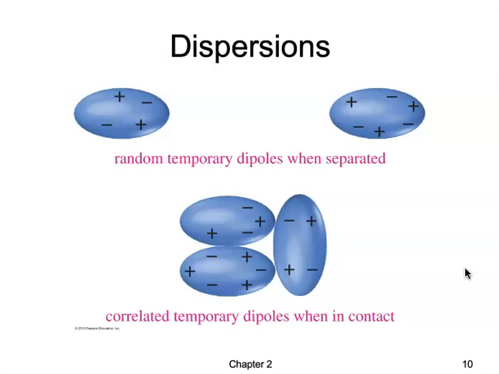Relative to diesel, which also only has London dispersion forces, the diesel burns much worse because there's so much less vapor there, because the diesel's molecules are held together by these fairly strong London dispersion forces. Diesel is a huge molecule relative to gasoline. And so even though I'm talking about dispersions as very weak, if you get a high enough molecular weight, you can actually end up with some very high boiling points.